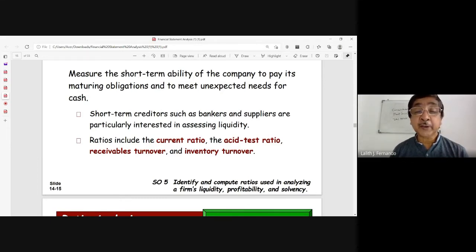Ratios include the current ratio, the acid test ratio, receivables turnover, and inventory turnover. These four ratios are taken as liquidity ratios.